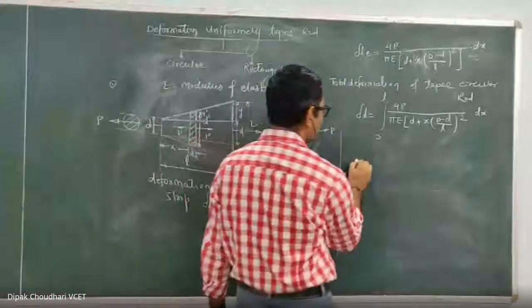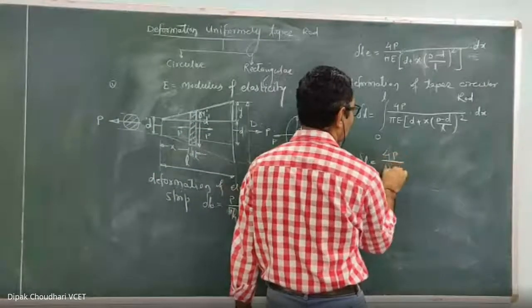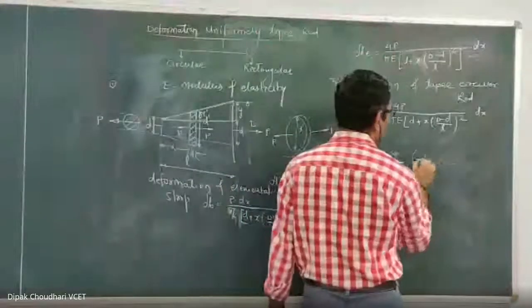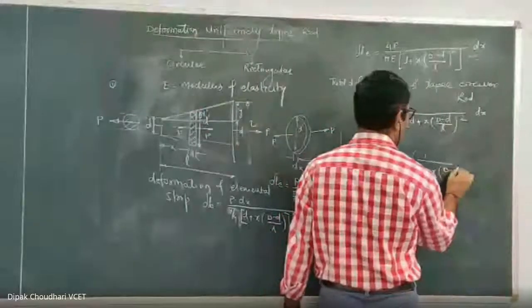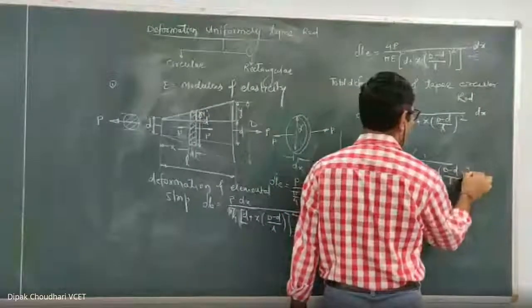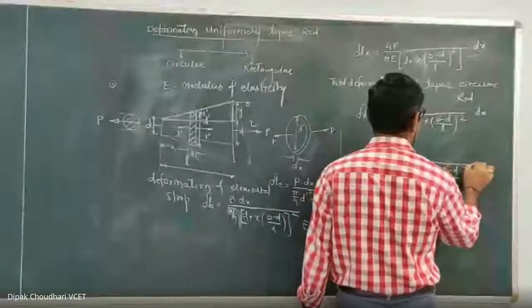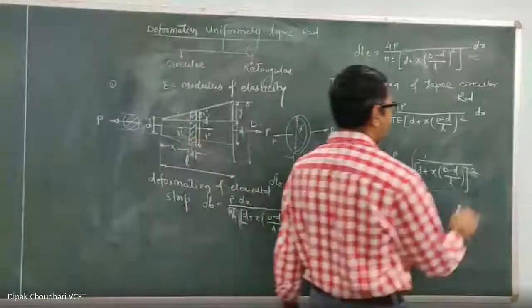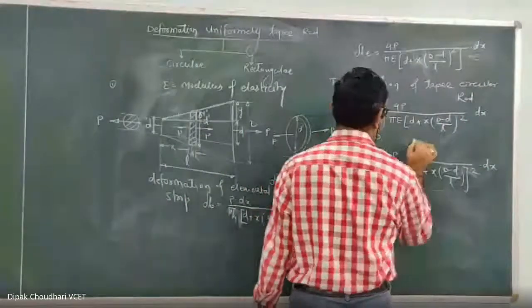So it is delta L equal to 4P upon pi E, a constant, into the integration of 1 upon (d plus x into (D minus d upon L)) whole square, sorry, whole square, into dx with respect to x, where the limit varies from 0 to L. Now let's simplify this.